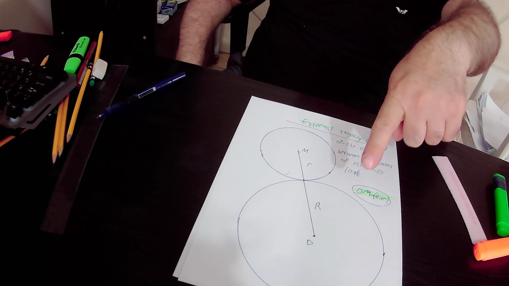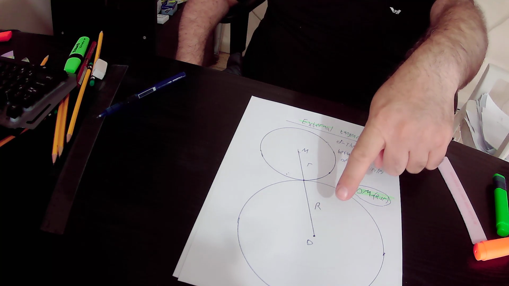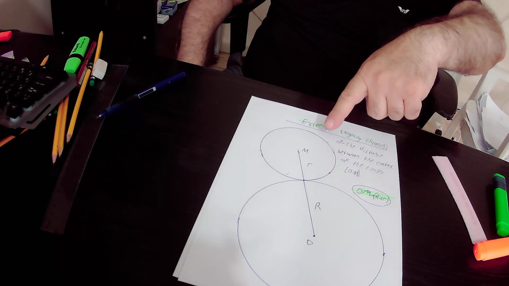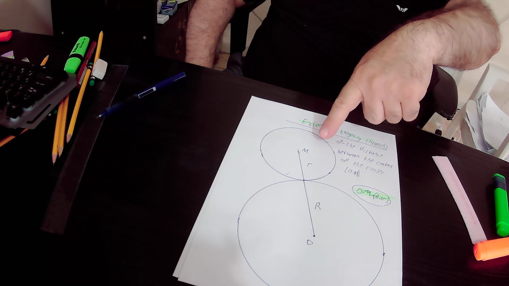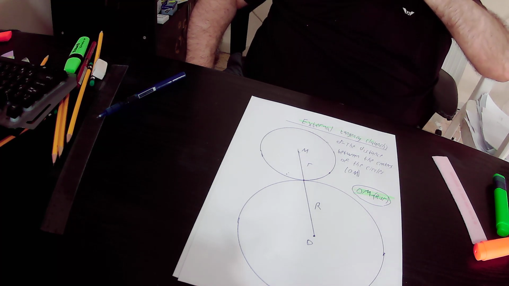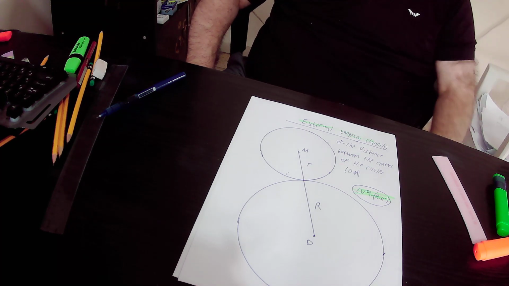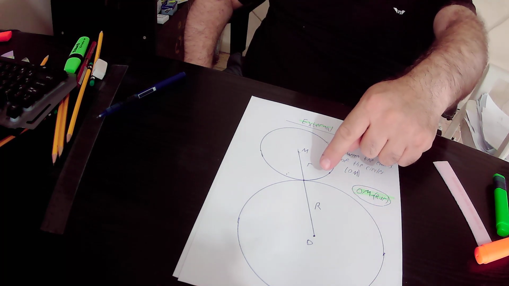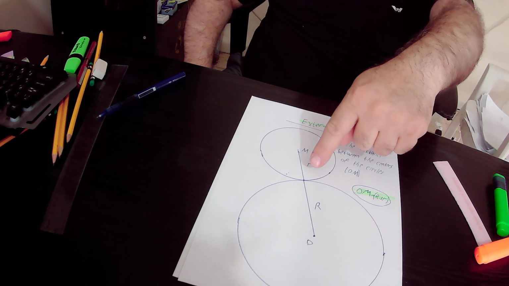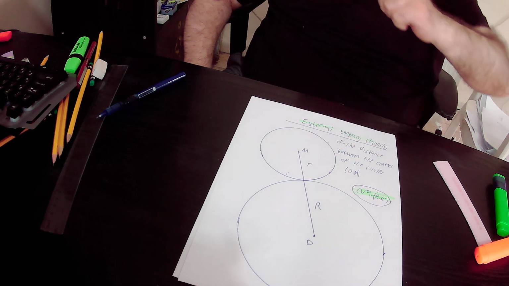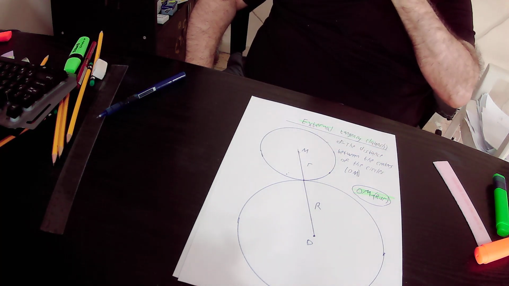Here we know that the center of this circle is at point O, and the radius of this circle is equal to capital R. We know that the center of this circle is at point M, and the radius of this circle is equal to small r. The two circles are touching each other externally at this point. This is the point of tangency.